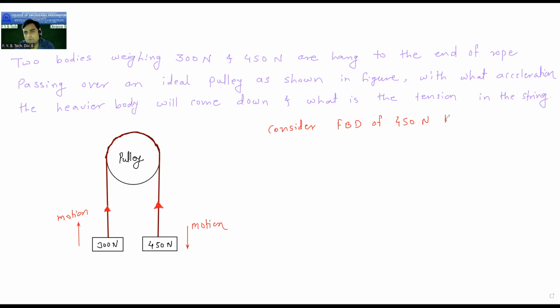Now if I consider the free body diagram, this is a block of 450 Newton. Here is the centroid of this block. From the centroid, weight will act vertically downwards, and this weight is 450 Newton.